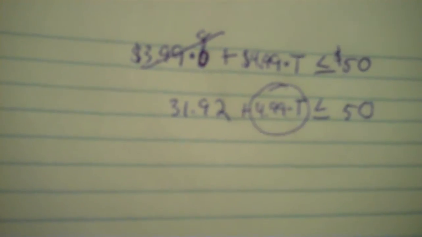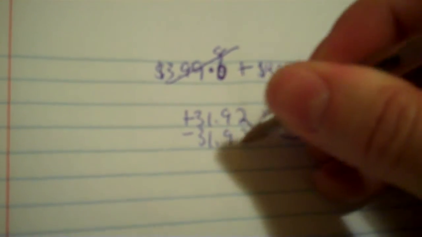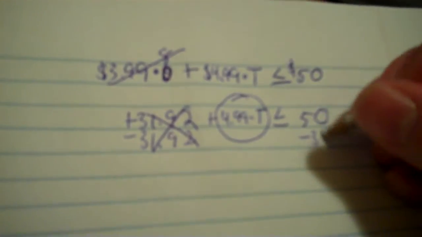Now we go solve it. Now the times operation's by a positive, so we keep the sign the same. We have to minus the 31.92 because it's positive, so it's like a plus. Minus 31.92. Don't go down here yet. We still have to divide later.